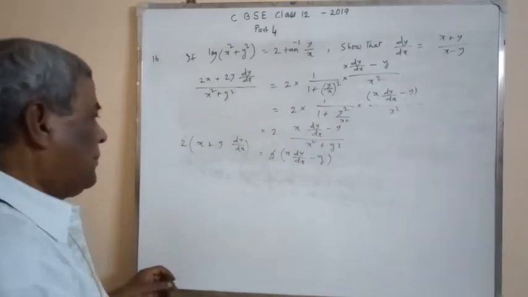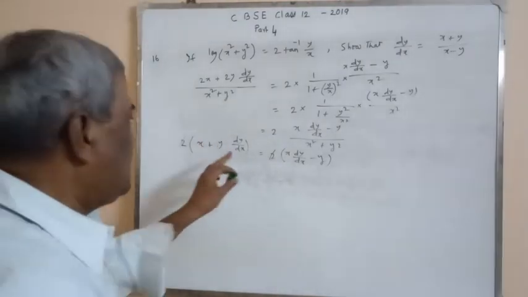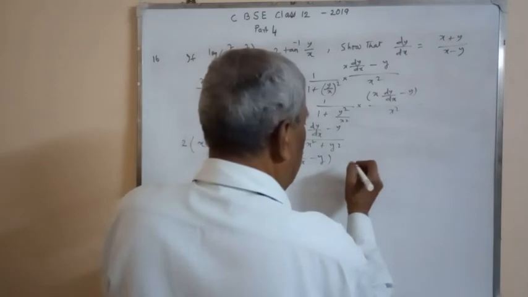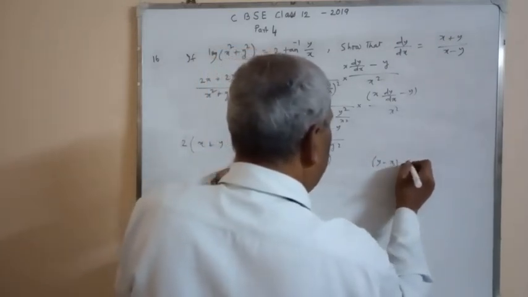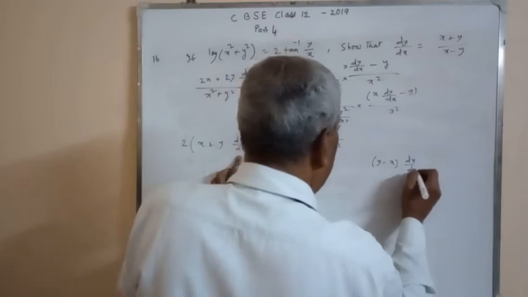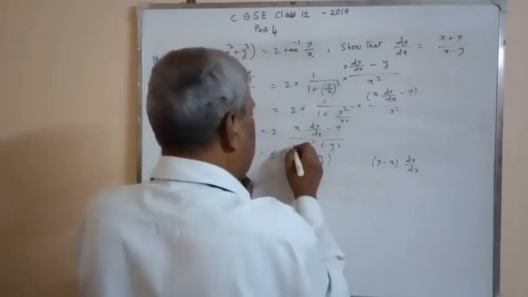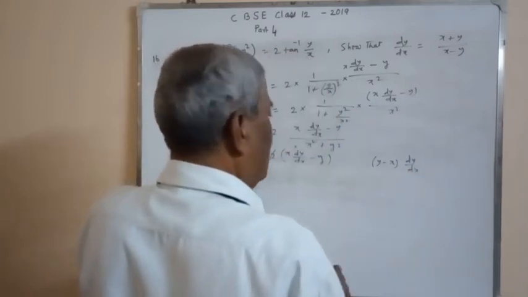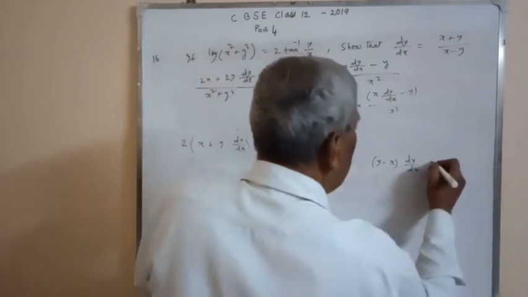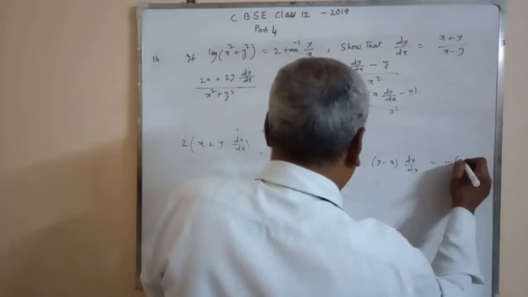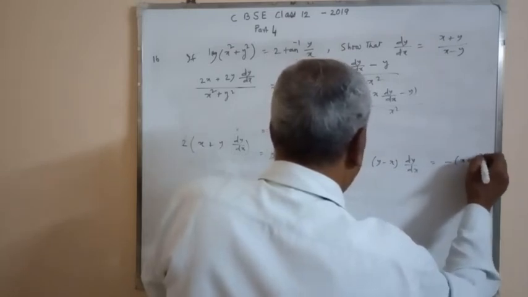Collecting the coefficient of dy dx, it becomes y minus x into dy dx is equal to minus of x plus y.